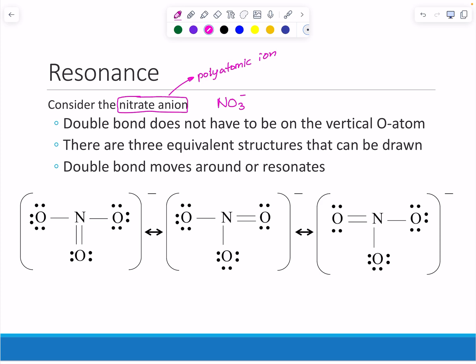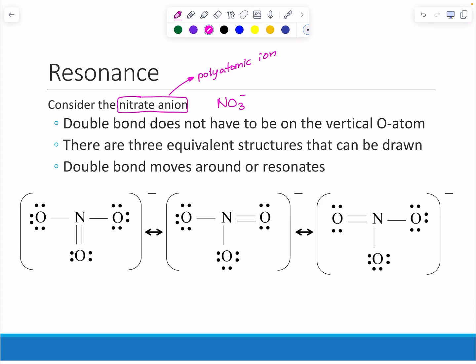So what you'll see up on the screen are 3 equivalent Lewis structures, right? Because we've got a little bit of symmetry. We've got 3 oxygens, okay? The compound itself, when we follow all of our Lewis structure rules, has 1 oxygen that has a double bond to the nitrogen.